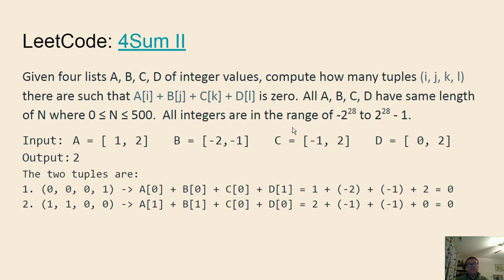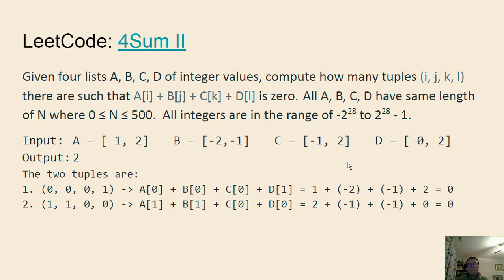Another way is, instead of storing both parts in arrays, we go through C and D, and because we want an exact match, we want the sum to be 0, we can use a hash map which stores, for each value, how many pairs of values from C and D can get that value. Once we've computed the hash map, we just need to go through every element in A and every element in B, which is n squared, and then do a hash lookup.